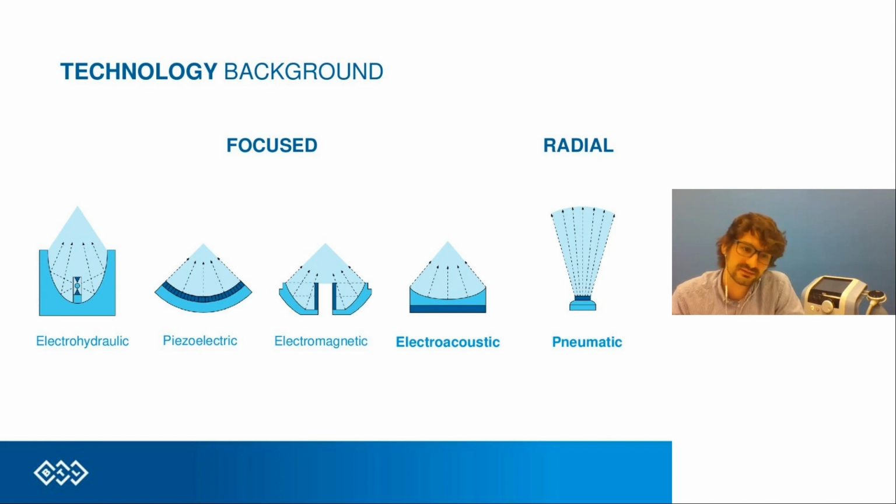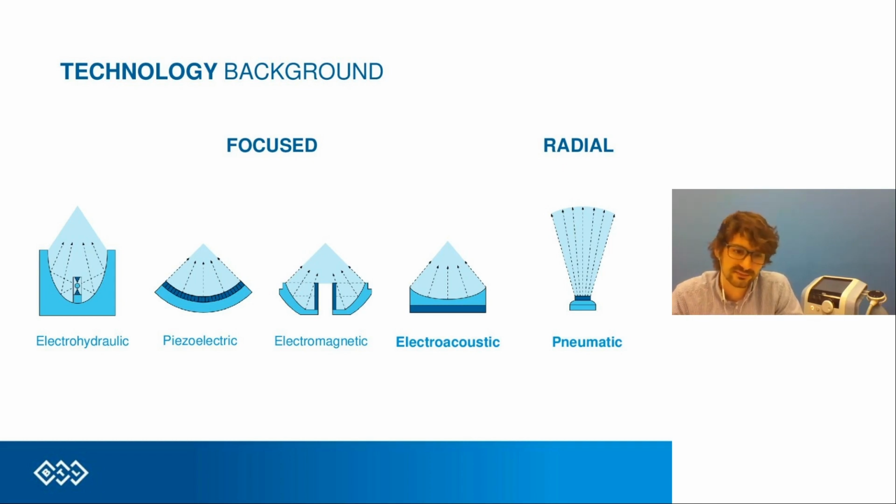But they have one big disadvantage: the electrode producing the focused shockwave has a very limited lifespan, and after a couple thousand shocks it needs to be replaced. Clinically it's a very good device, but it requires lots of maintenance, and changing the electrode is in many cases expensive and time consuming.